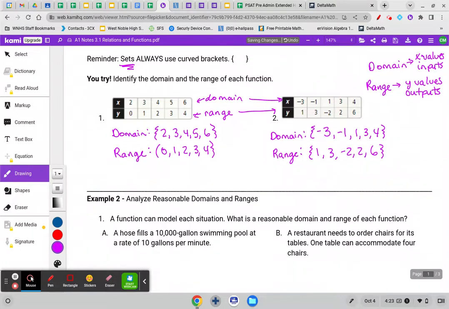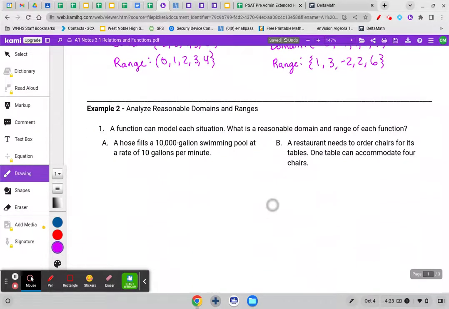Okay, so now we're going to analyze reasonable domains and ranges. So this says a function can model each situation with a reasonable domain and range of each function. So part A, a hose fills a 1,000-gallon swimming pool at a rate of 10 gallons per minute. So our inputs, a reasonable domain, is from 0 minutes to the time it takes to fill the pool.